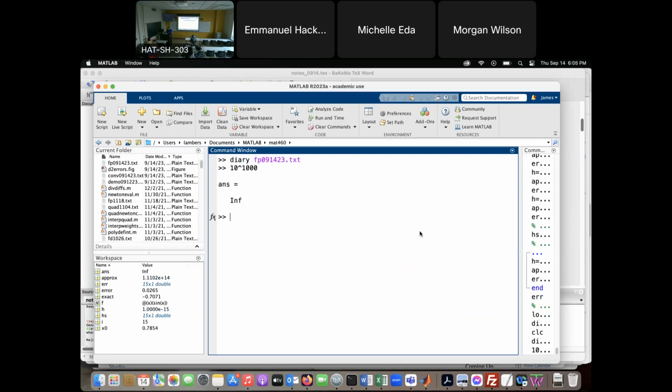If I do the expression 1 over 0, which we know to be undefined, MATLAB takes a step further and also calls that infinity. And if I do minus 1 over 0, we have minus infinity.